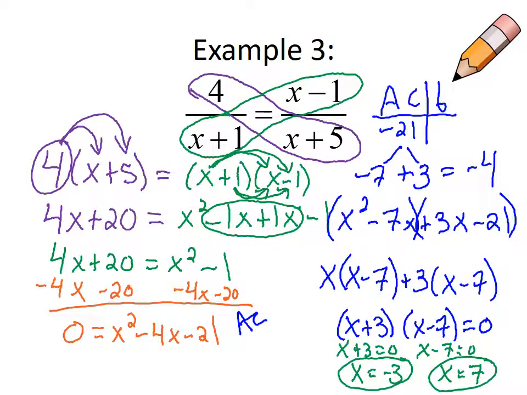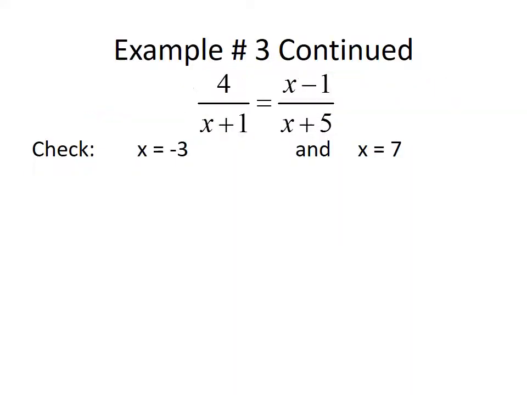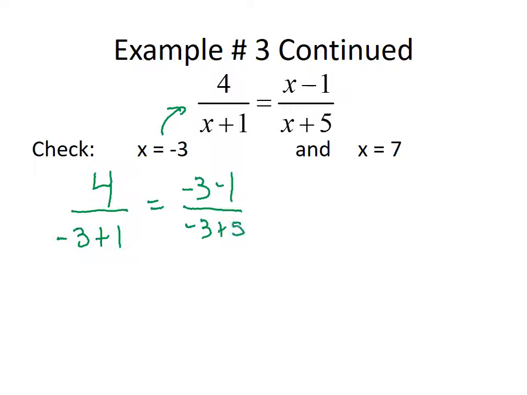Okay, those are my two solutions, but once again, you guys, we have to check. So we're going to go over here and check both of these out. First one I'm going to plug in is negative 3 into my original problem. So I have 4 over negative 3 plus 1 equals negative 3 minus 1 over negative 3 plus 5.